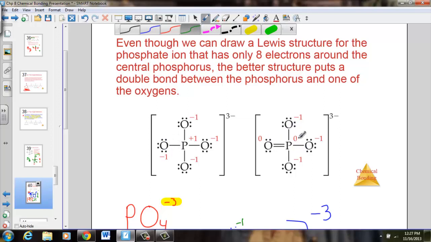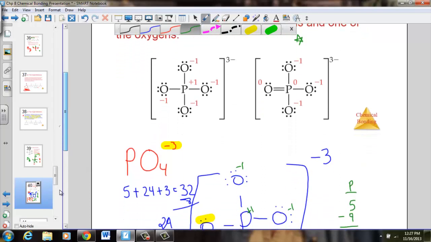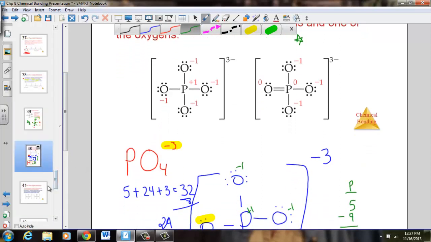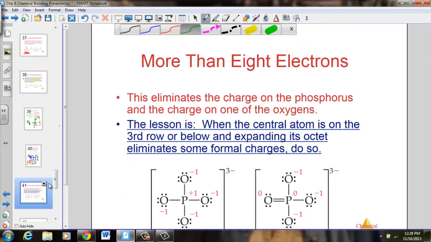Now we would not keep going because then we would start to create a negative formal charge on the phosphorus. This indeed is the best structure. By expanding the octet, we alleviated formal charge. What have we learned? We've learned that there are situations where more than one structure exists.